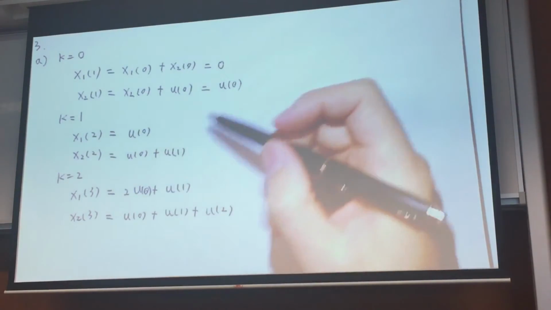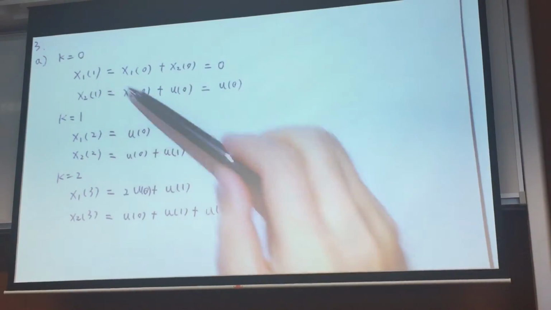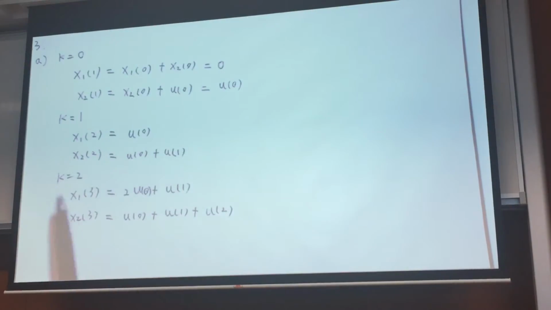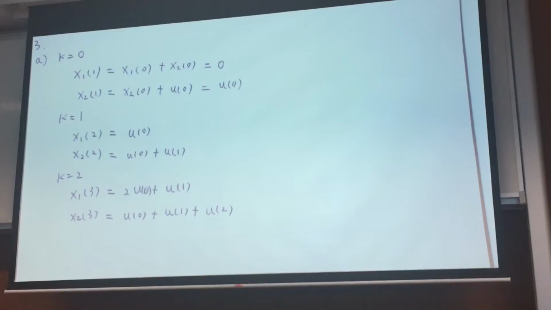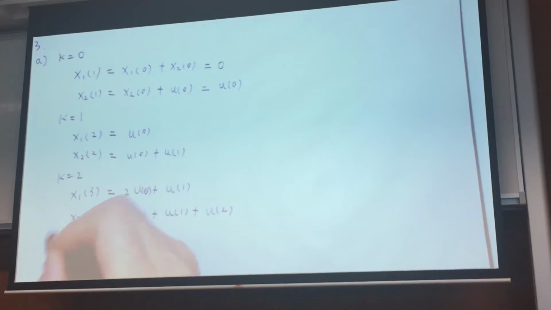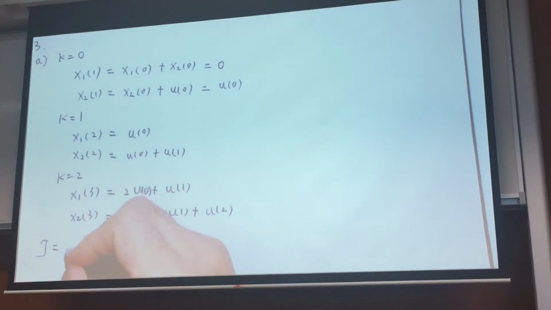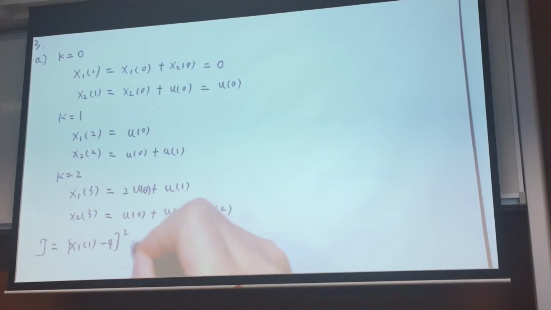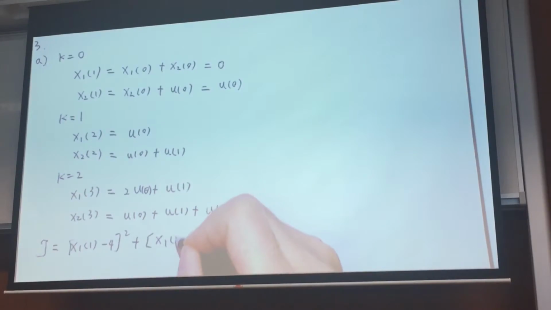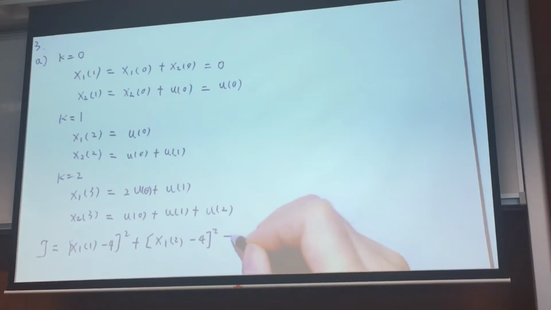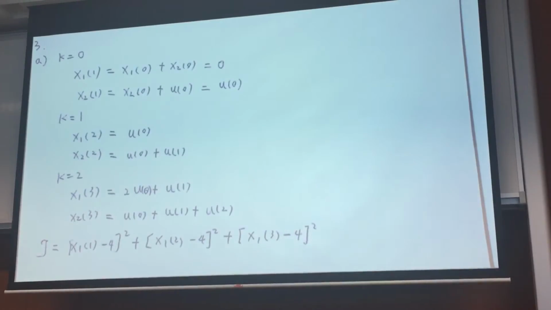Now you can substitute x1,k into the cost function. So we substitute all this into the cost function. The cost function is given by (x1,1 minus 4) square plus (x1,2 minus 4) square plus (x1,3 minus 4) square.